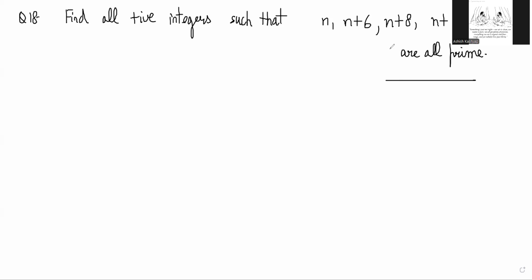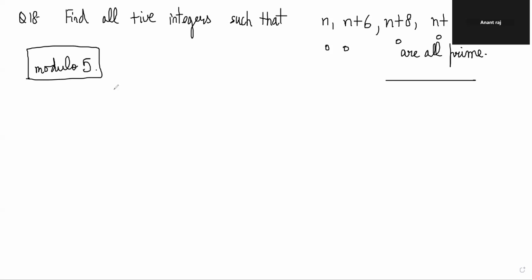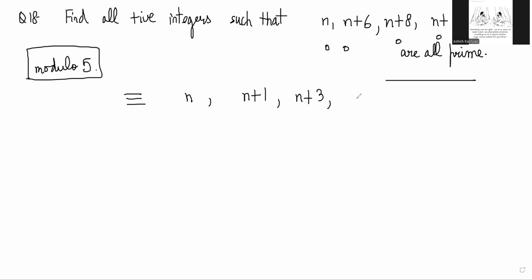So they have given us 5 numbers, and all of these 5 numbers are supposed to be prime. Do you understand what I'm saying? Because 5 numbers are given, I will think of it modulo 5. Right now these are congruent to n, n plus 1, n plus 3, n plus 4, and n plus 2 mod 5.